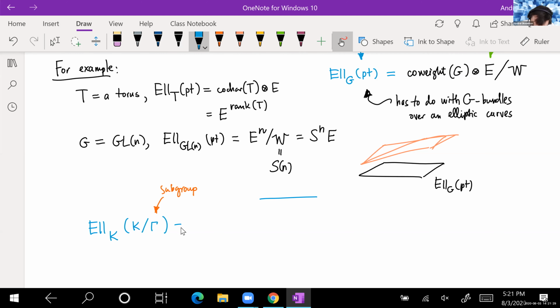Then by the basic axioms of the theory, that is just the same as elliptic homology of gamma, of that point, that subgroup.